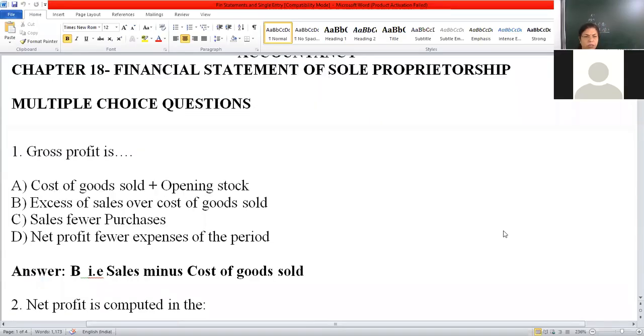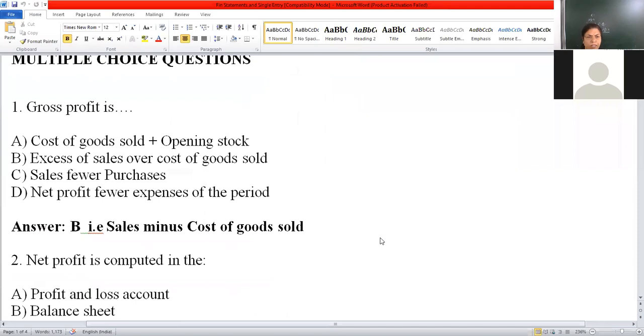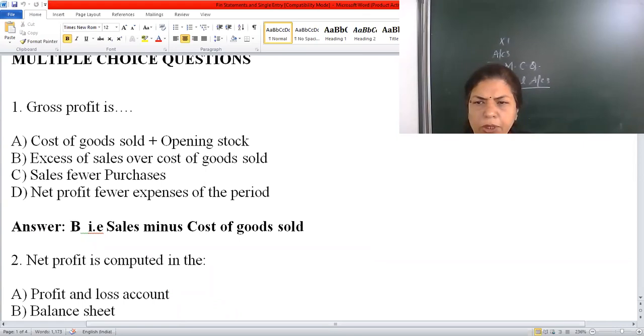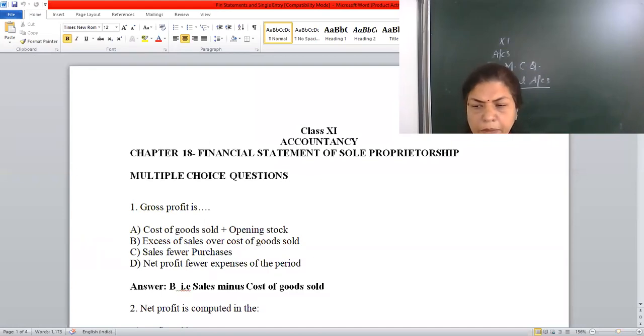First question, gross profit is. See the screen, then you can find out the 4 choices. You will be able to find out the answer then. This type of questions will be there in your exam.